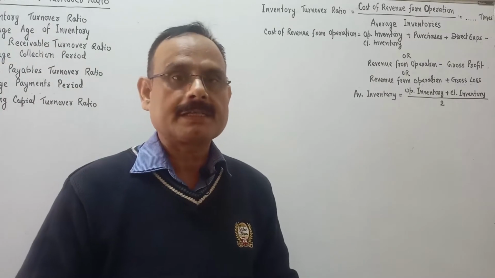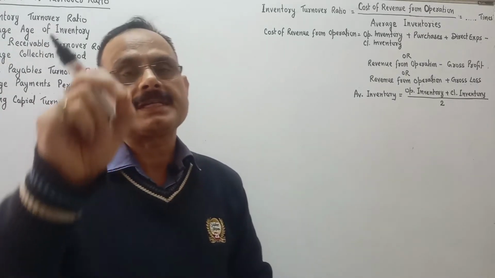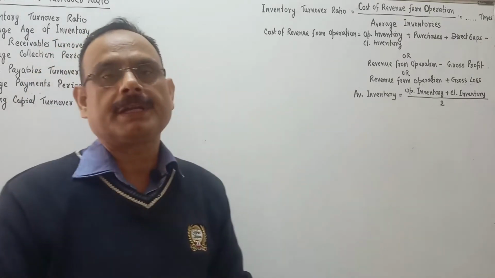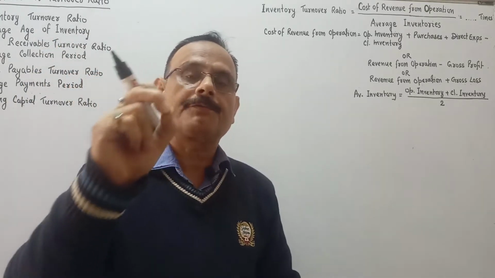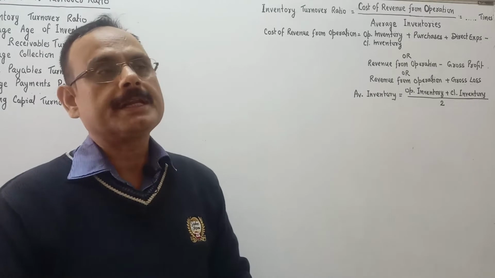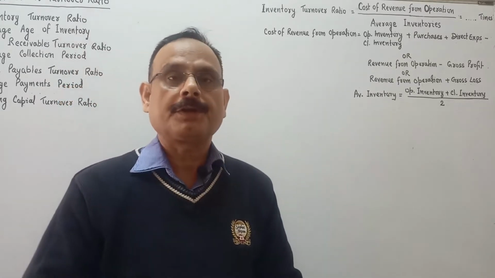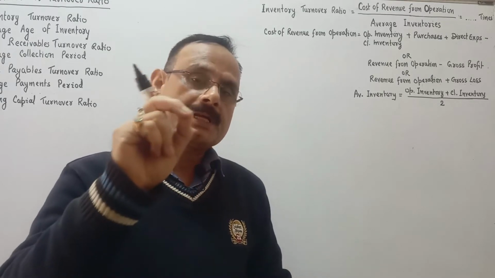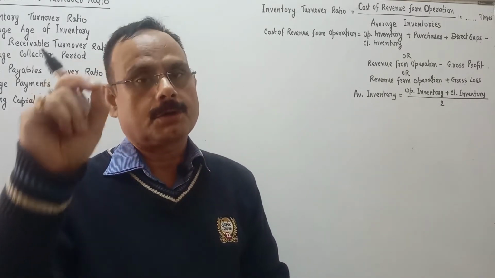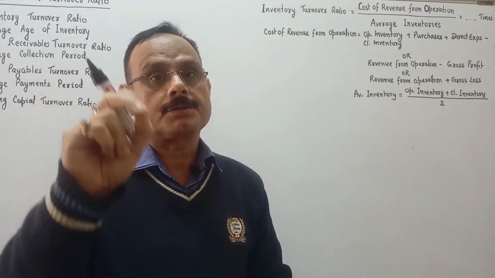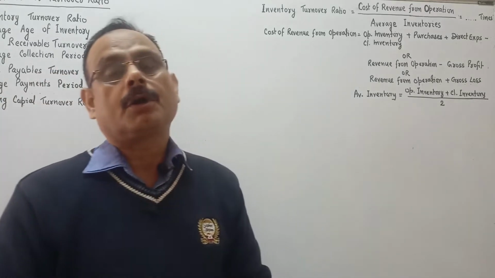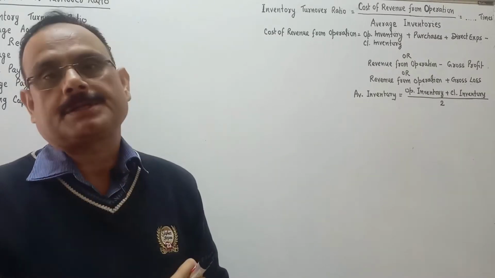If gross profit and revenue from operation are given, then revenue from operation minus gross profit indicates your cost of revenue from operation. Similarly, if gross loss is given instead of gross profit, then revenue from operation plus gross loss indicates your cost of revenue from operation.